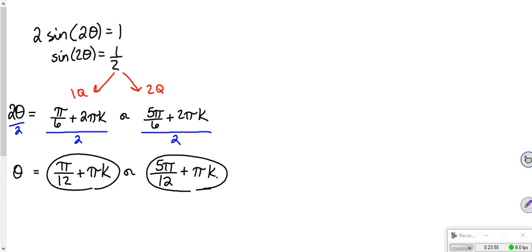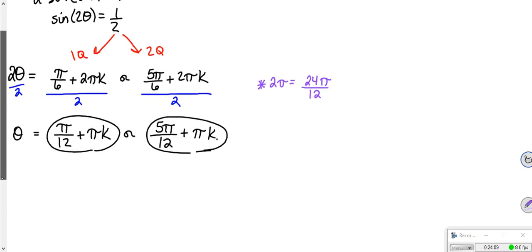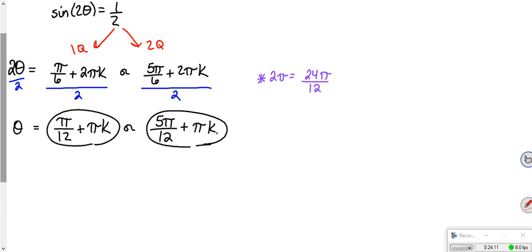Remember here that 2 pi with the denominator of 12 is going to be 24 pi over 12. So if they want all of the solutions, let me first mark this. This is part A. If they want all of the solutions like in part B, then the solutions coming out of here are going to be, of course, pi over 12. And you add 24 pi over 12 to that.